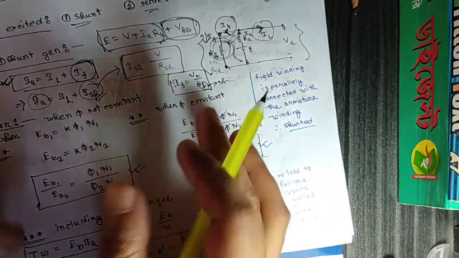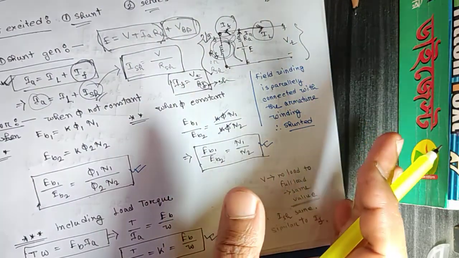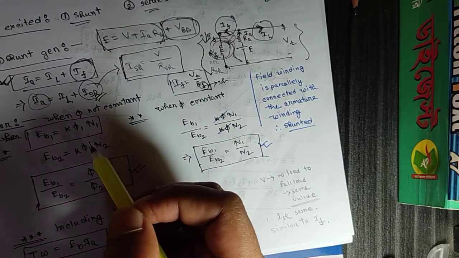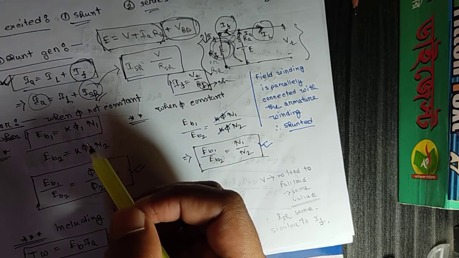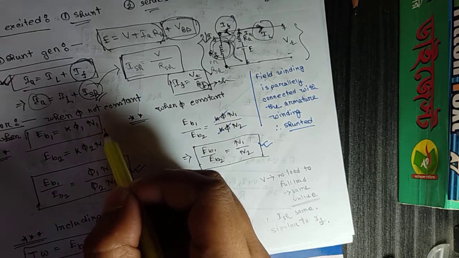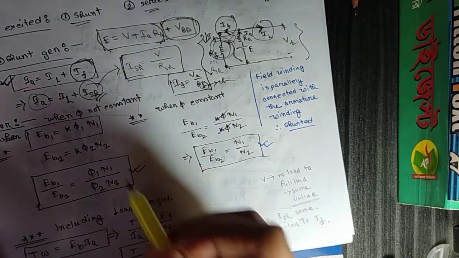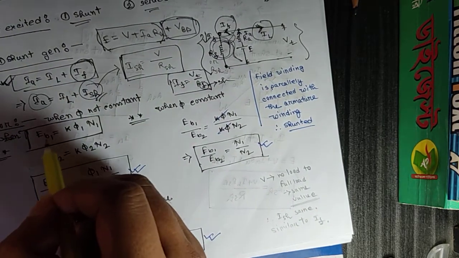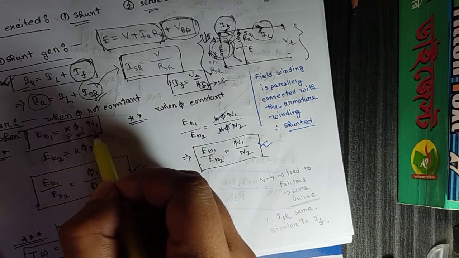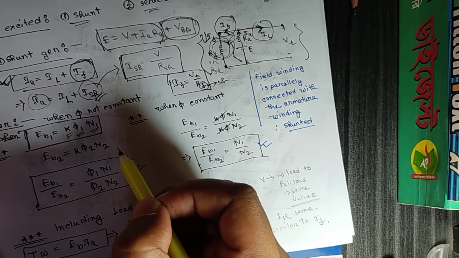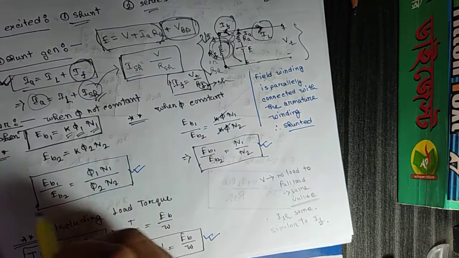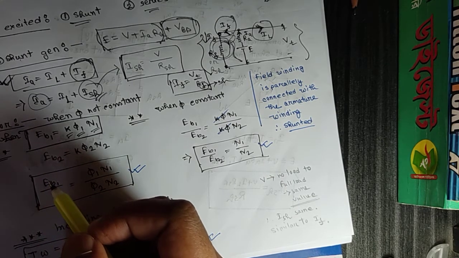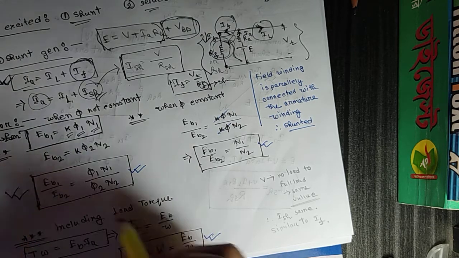So when phi is not constant, for this we have to go in depth. I hope you have studied DC machines, so I don't need to go into that depth. Now the back EMF, I'm talking about the motor. The back EMF equals K times the flux and the rotation of the armature. When phi is not constant, if two magnitudes are given for the same motor, we can write it as it is.